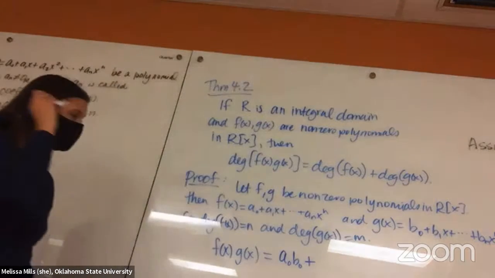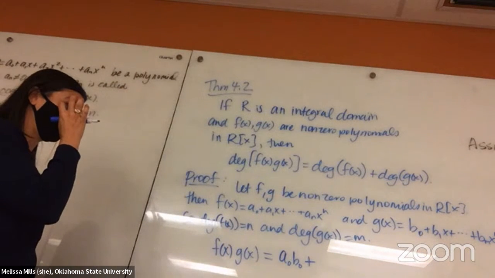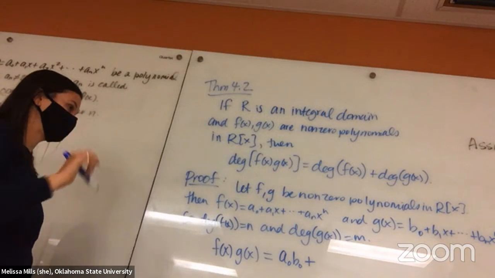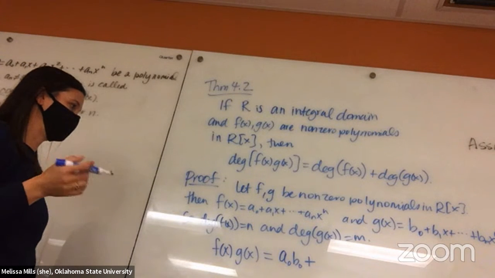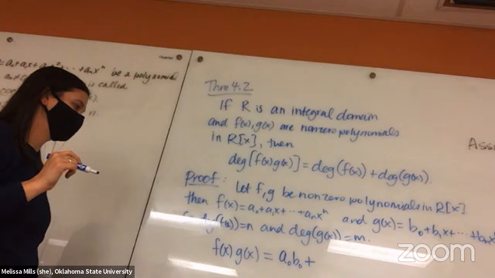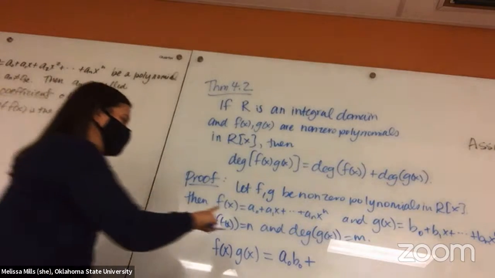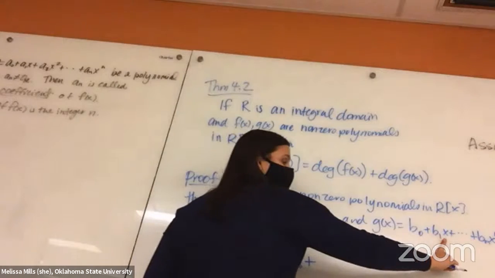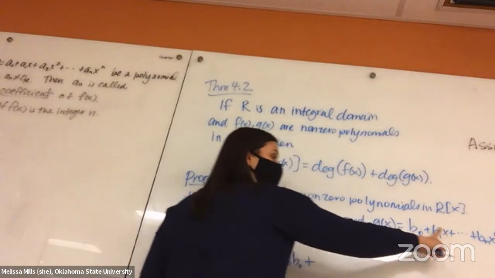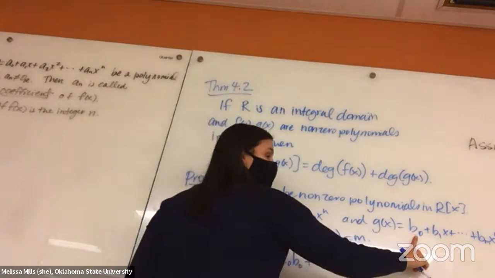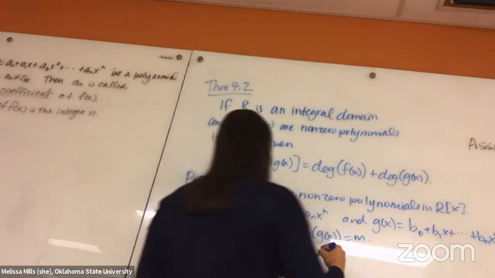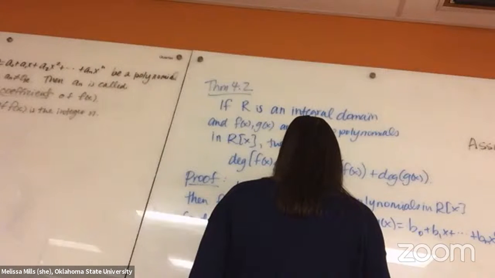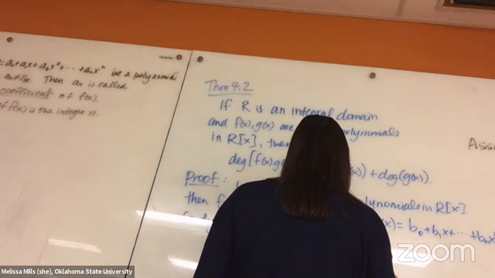Okay, what's going to be the terms that have x to the first in them? Well, I'll get an x to the first when I multiply that by that. Right? And I'll get an x to the first when I multiply that by that. Right? So I'll have a naught b1 plus a1 b naught, times x.